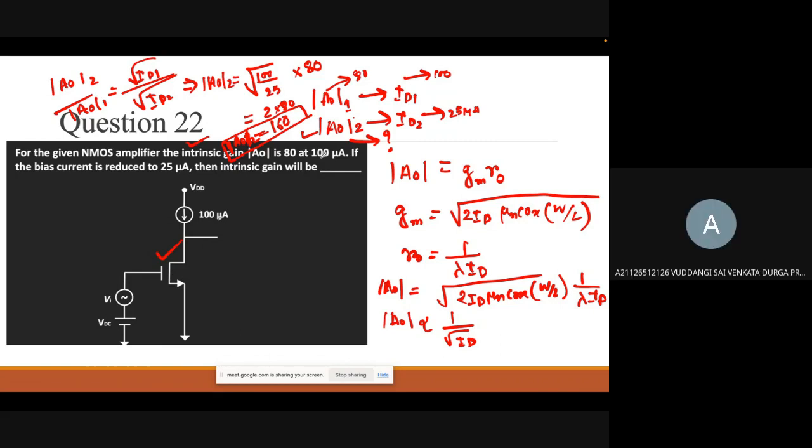Ma'am, for all the circuits, common drain, common source, and different types, I have seen two types of circuits. One is using voltage divider bias, and another is not like a voltage divider. Calculating the input impedance, output impedance, and voltage gain, these three parameters, we get approximately equal values, not exactly equal.